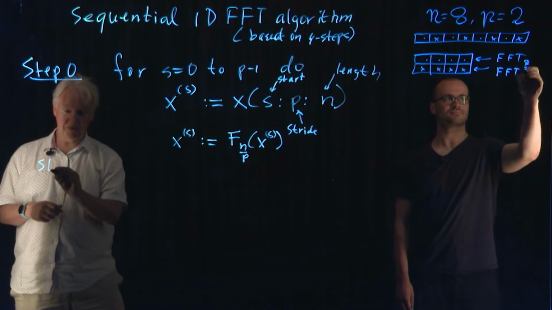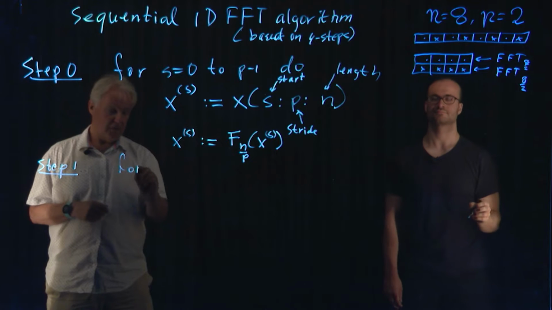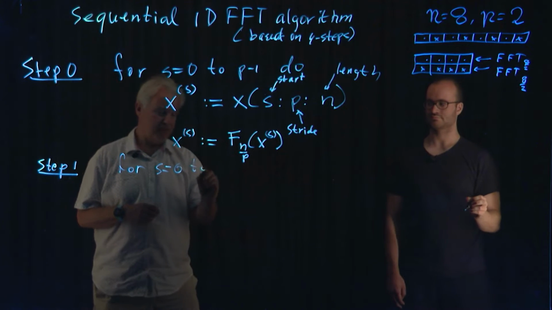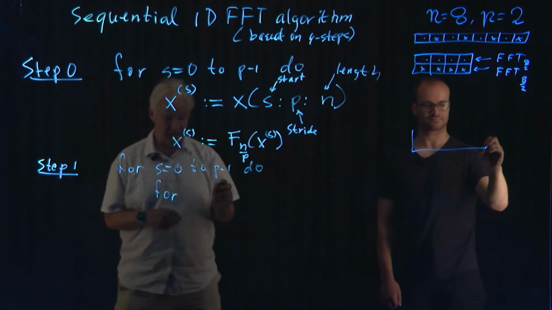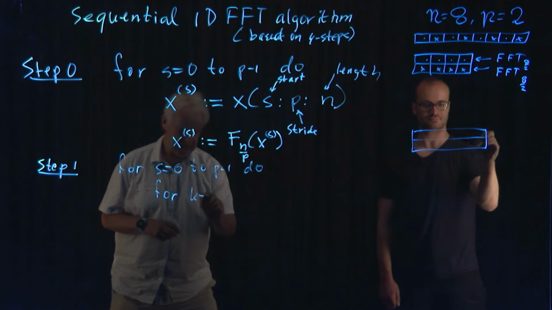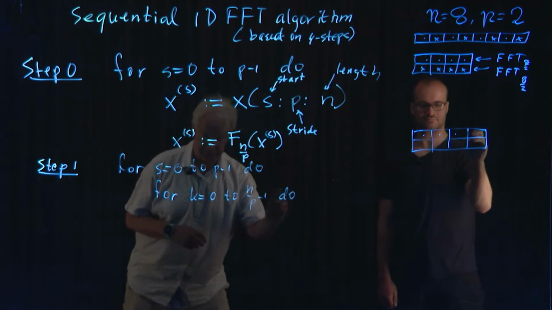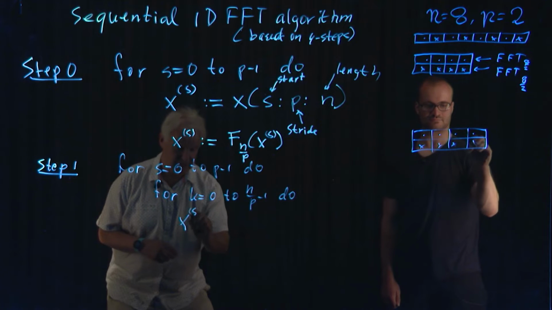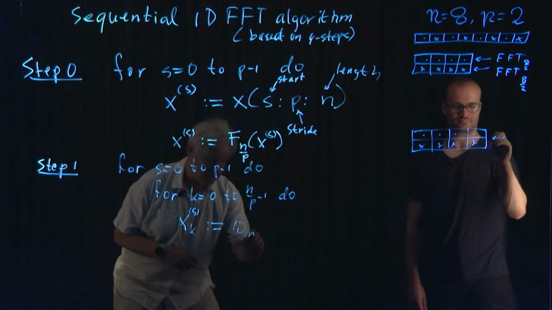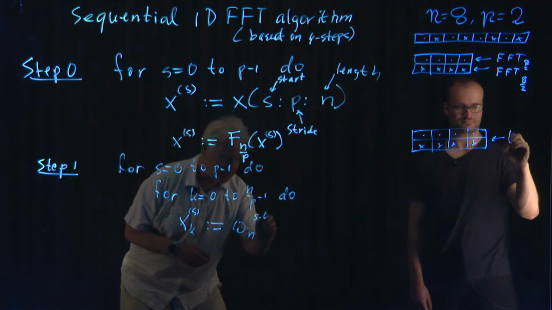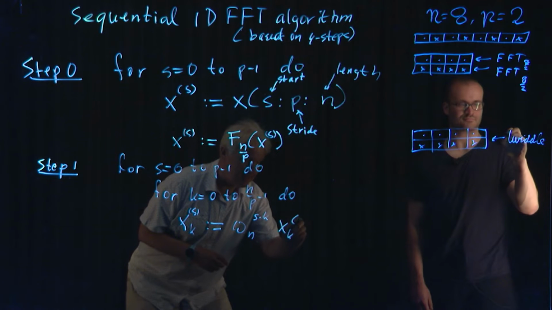Then step 1, we do again a loop, and we multiply all the elements for k equals 0 to n over p minus 1 do xs k becomes omega n to the power s times k times xks.